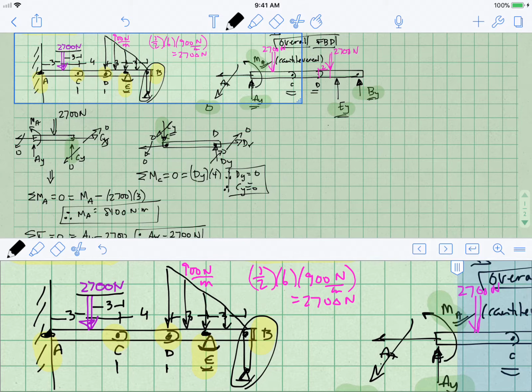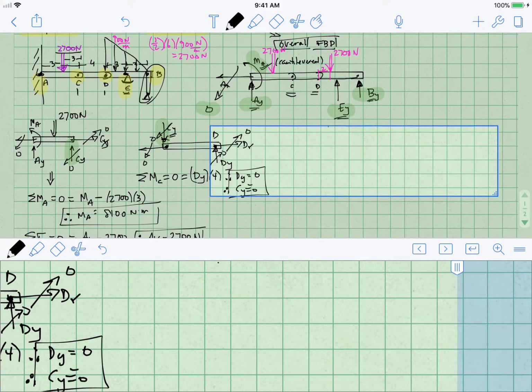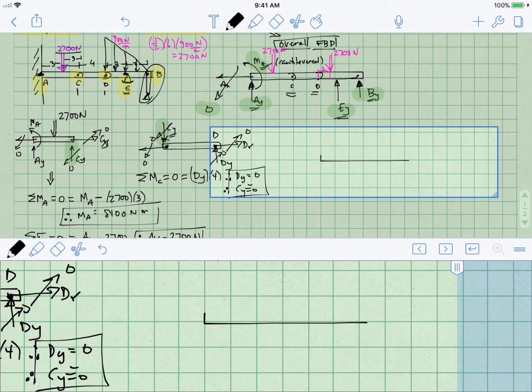So I'm going to choose the segment that goes from one pin to the next, which is segment DB. Let's go ahead and draw a free body diagram.